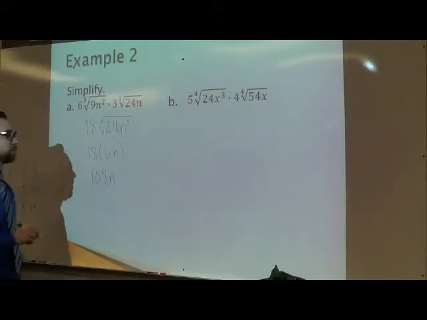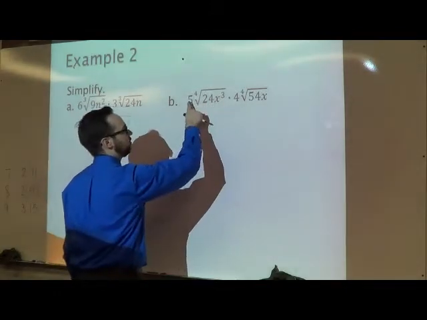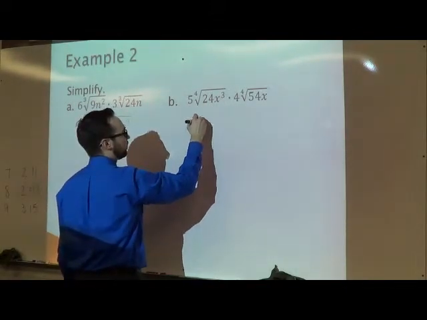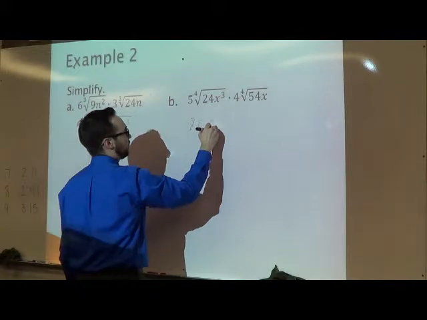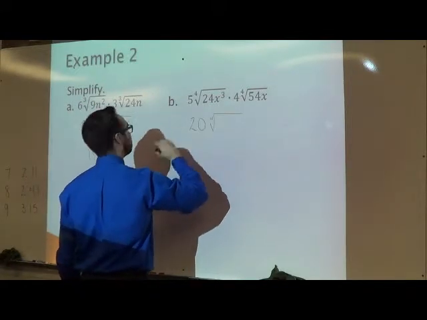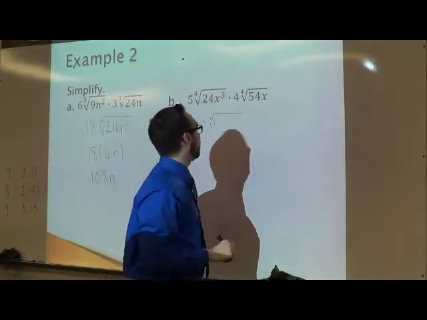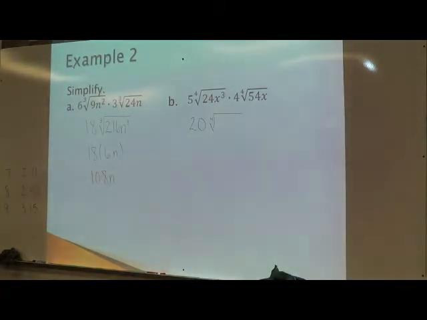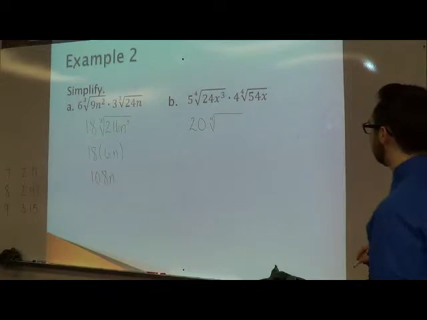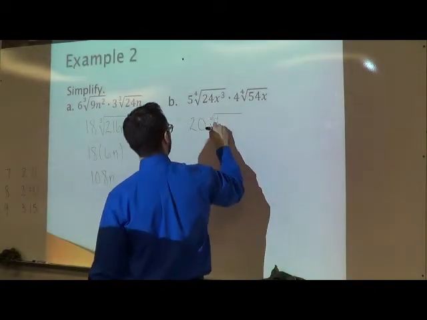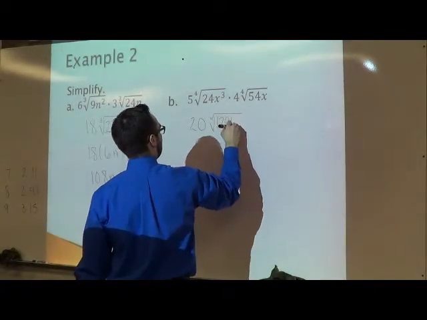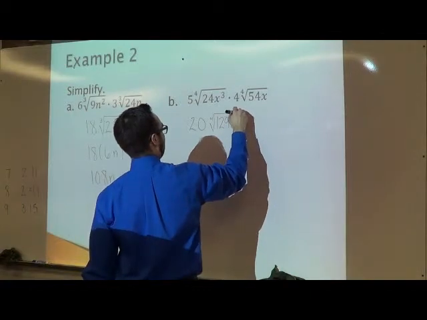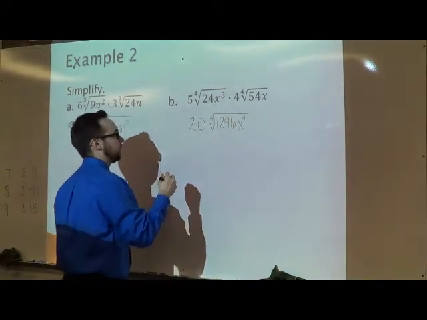Same thing over here. We have the fourth root in both of them, so 5 times 4 is 20. And then we'll have the fourth root of 24 times 54, which is 1296, times x to the fourth. So I just multiplied things around underneath.